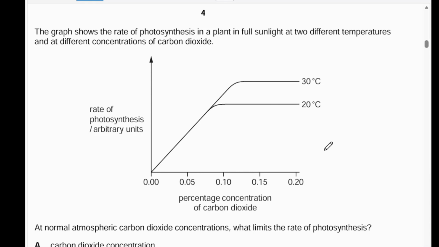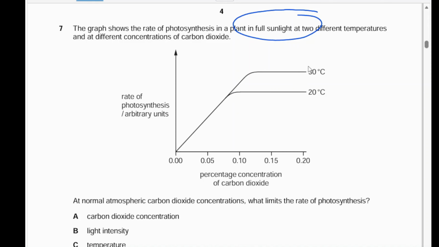At normal atmospheric carbon dioxide, what limits the rate of photosynthesis? Okay, wait, it's full light. Just now we have discussed, it's full light. This is not a limiting factor.